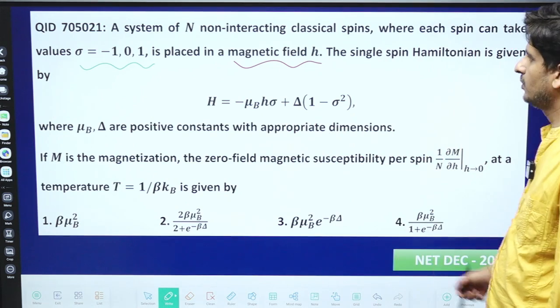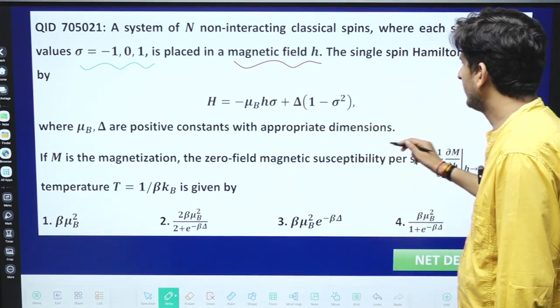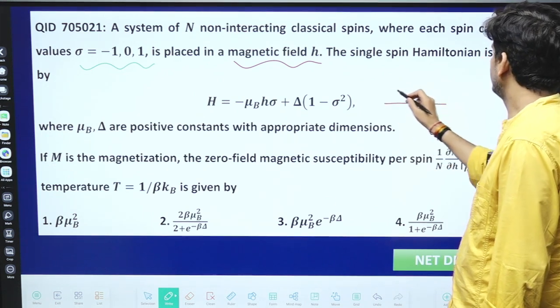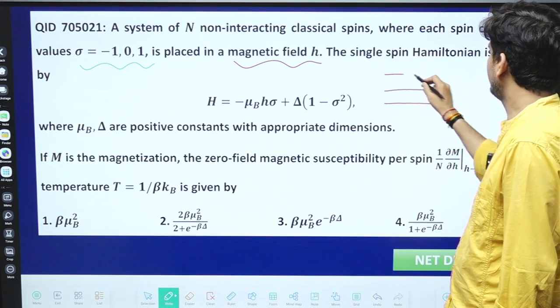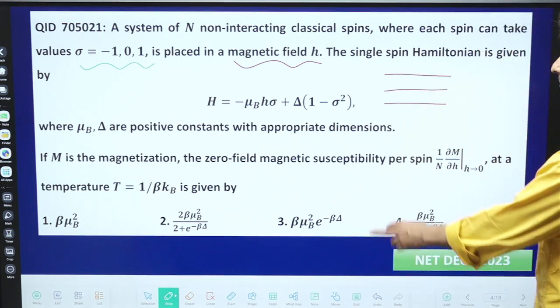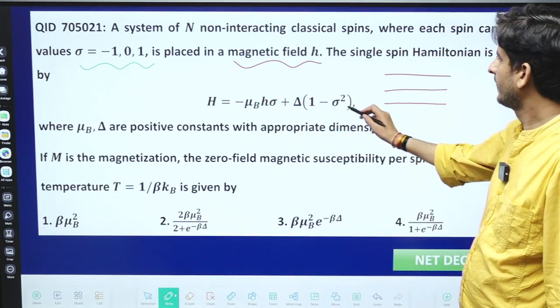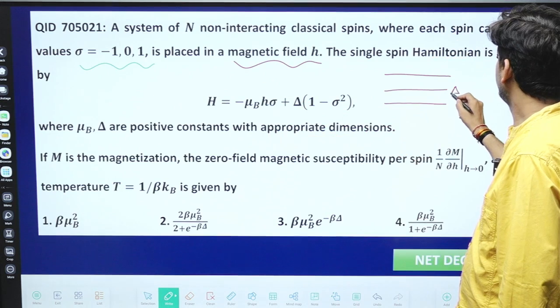Now, if you go by the value of sigma, you will find that this forms a 3-level system. Suppose I put sigma equal to 0, it becomes delta.